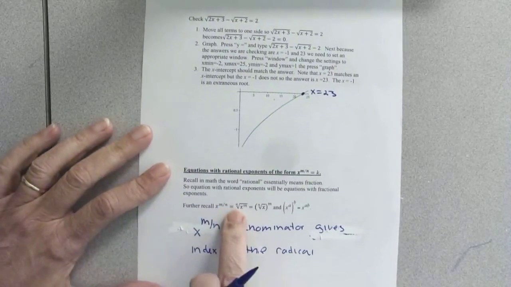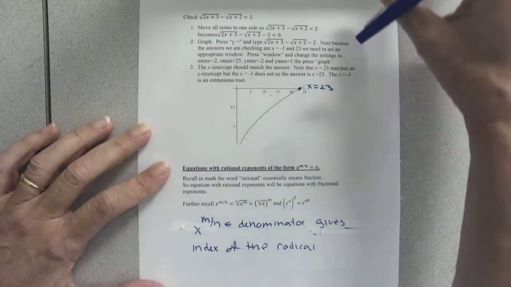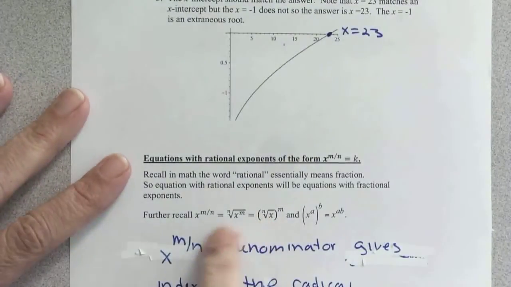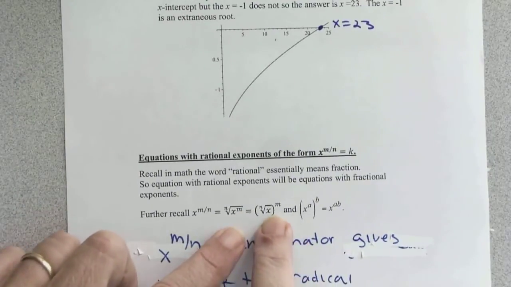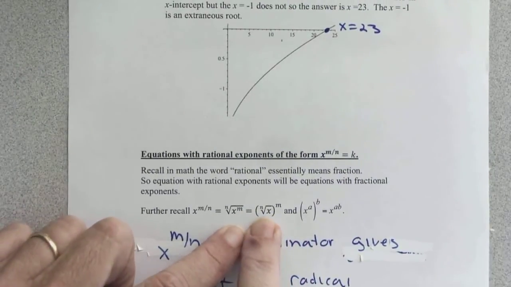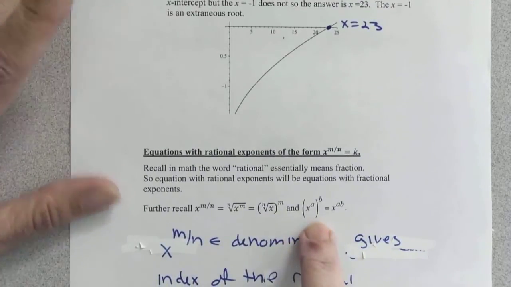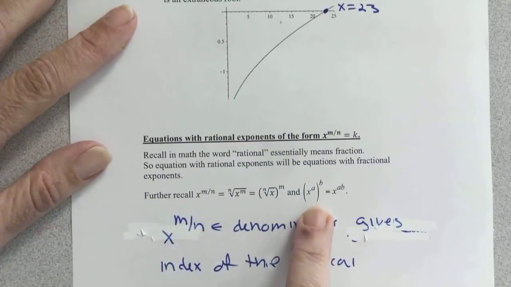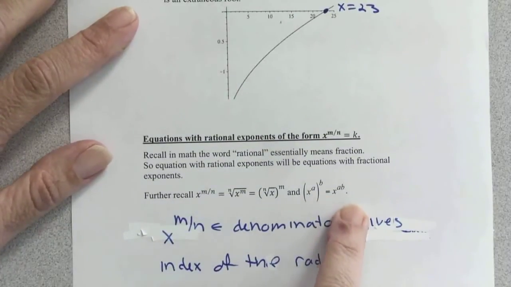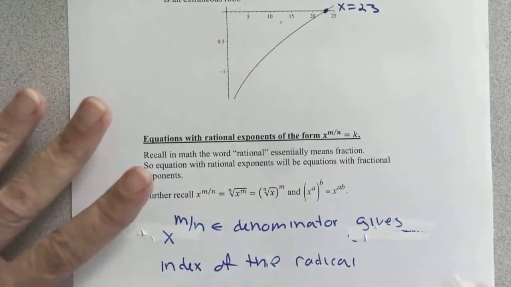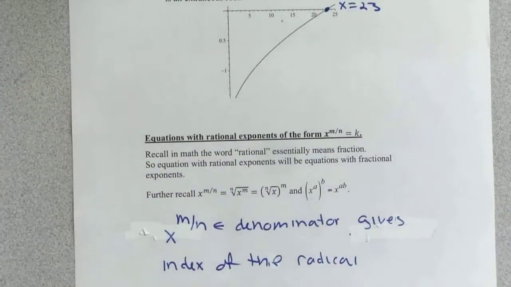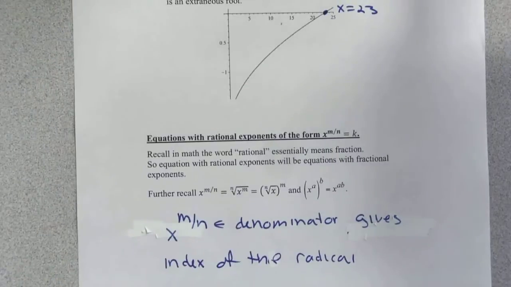X to the m over n is the nth root of x to the n. Let's zoom in a little bit so we can see it a little bit better. So the little n right there is the index. The denominator gives you the index, and the numerator gives you the power. And you can rewrite it either way. Usually the second way is a little easier for computational purposes. And then remember a rule of exponents here, exponents to exponents. You multiply the exponents in order to simplify it. So just a little review there of some exponent sort of stuff. Let's zoom back out.